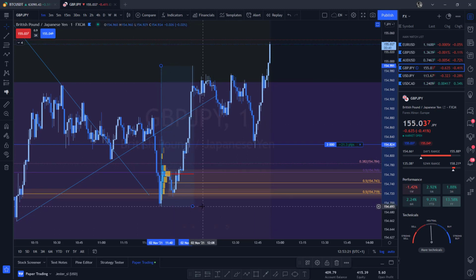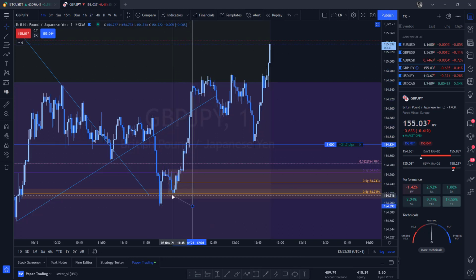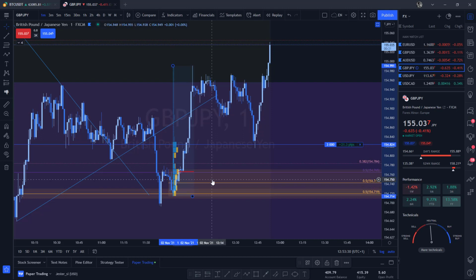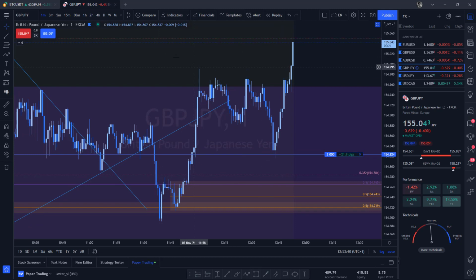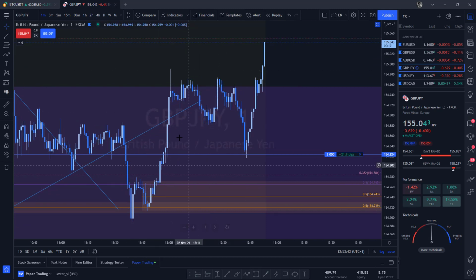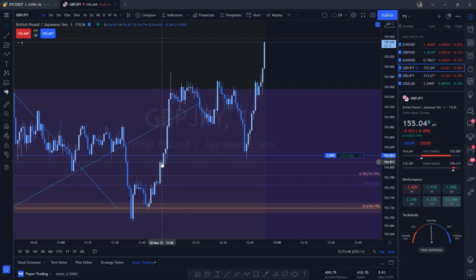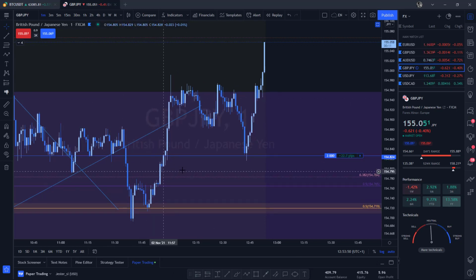I took the swing from this low, I believe. No, there's no confluence in the volume. Okay, that was just because this was the last sell to buy that broke structure on the 1 minute.